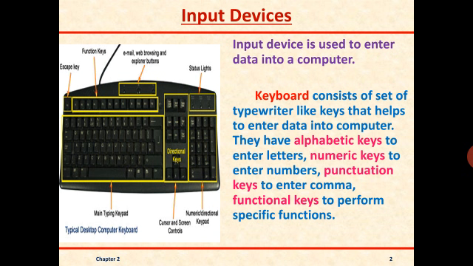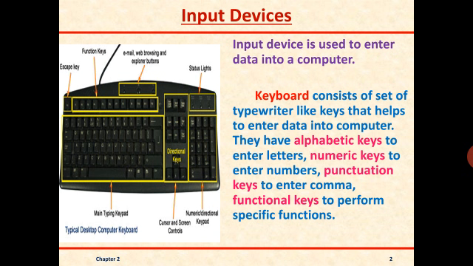For example, the first example of input device is our keyboard. You can see here students, keyboard looks like a typewriter machine. It consists of several different types of keys on it.